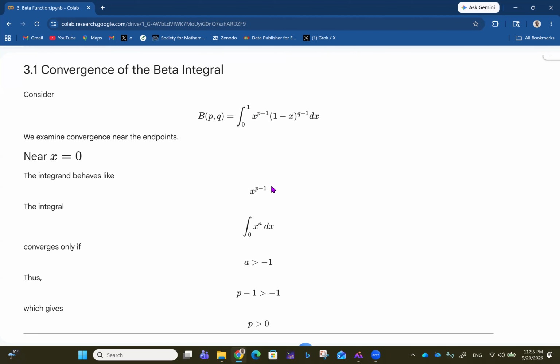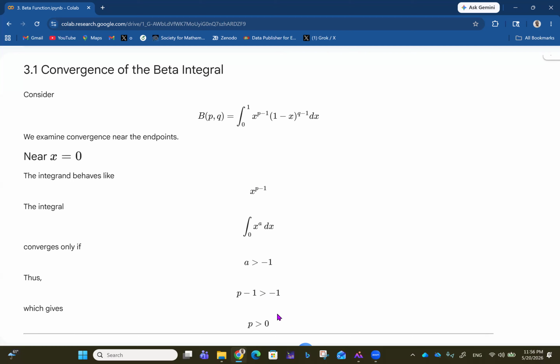So the integrand behaves like x raised to p minus 1. The integral then is like the integral from 0 of x raised to power a dx, and this converges only if a is greater than minus 1. Thus, p minus 1 will have to be greater than minus 1.